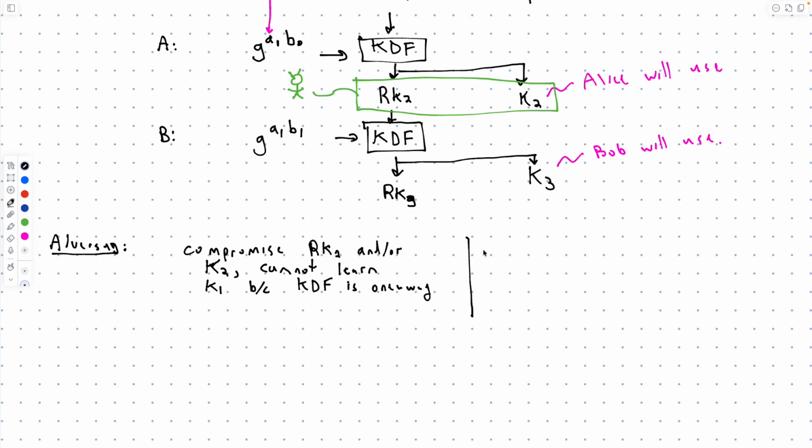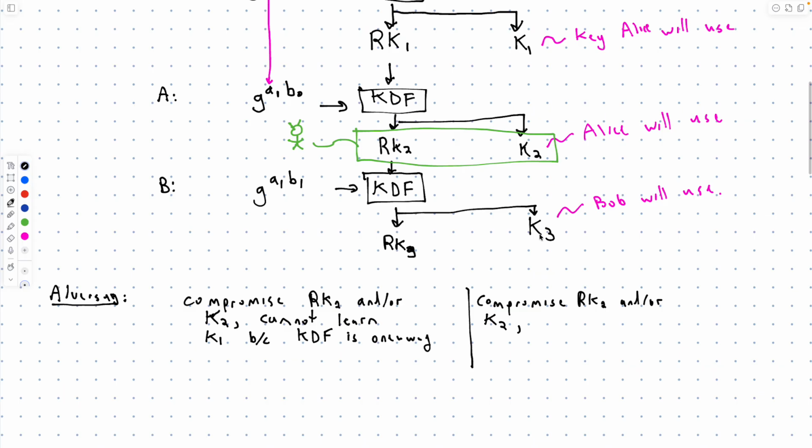Okay, now let's do the same thing. Let's say I compromise RK2 and/or K2. Will I learn what K3 is? No, you can't, if you're using a KDF.